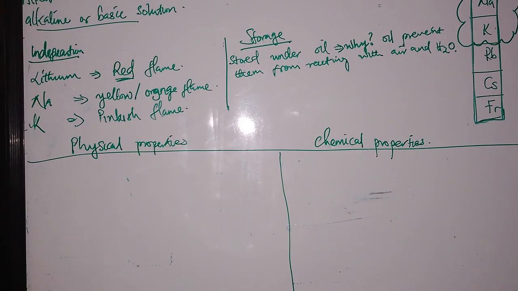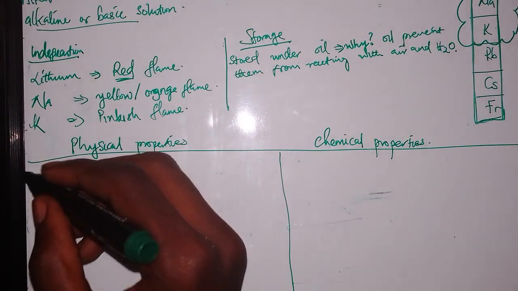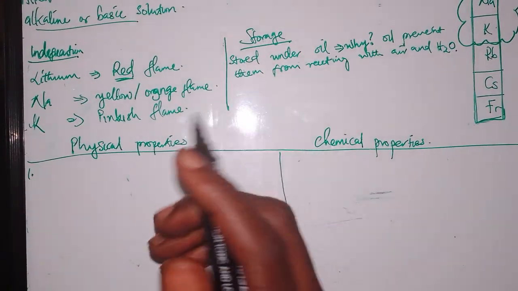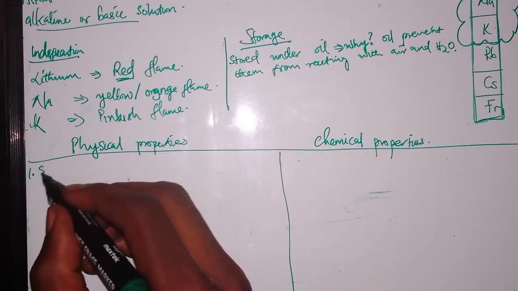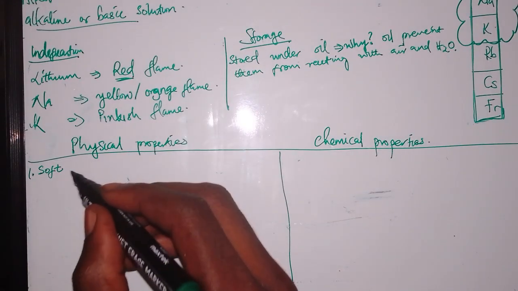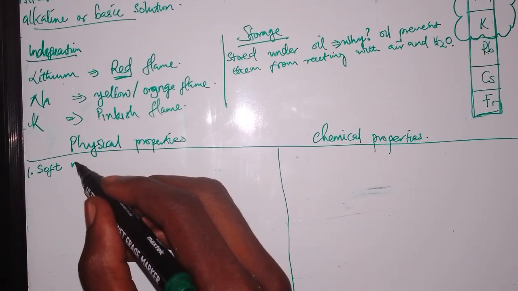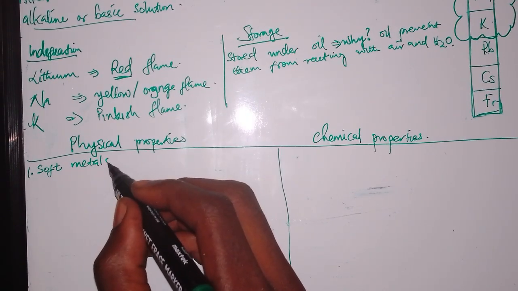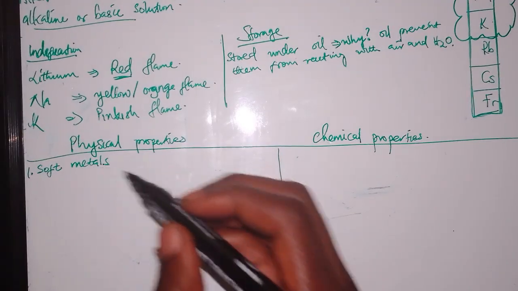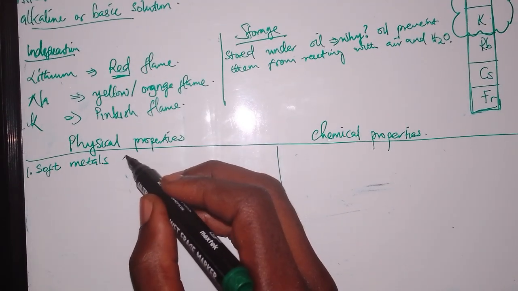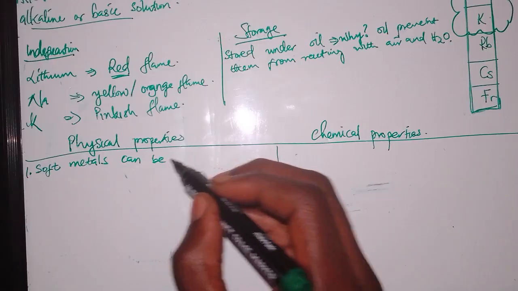The first physical property you need to understand is that the elements in group 1 are soft and can be cut. Group 1 elements are soft metals that can be cut by a knife.